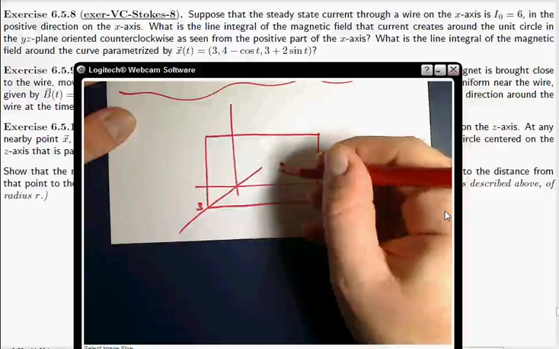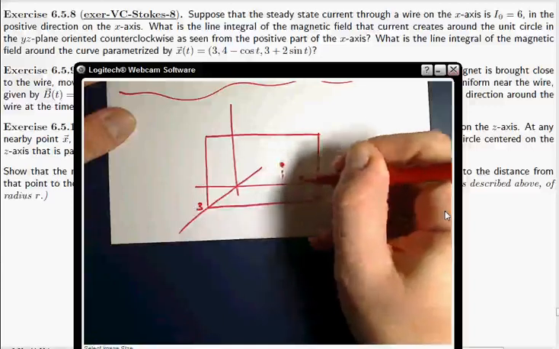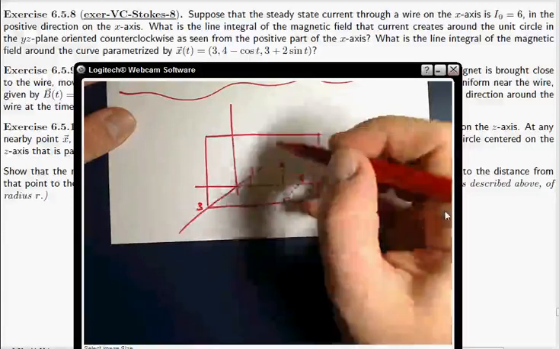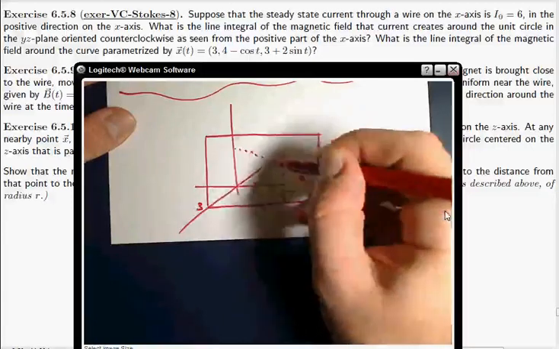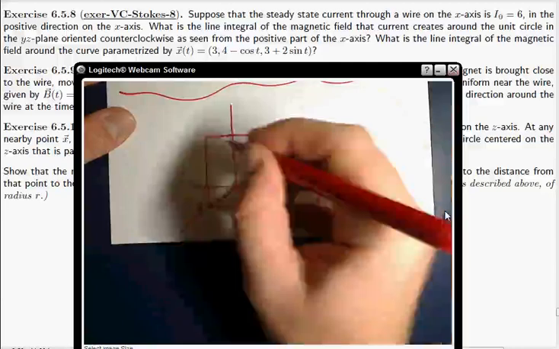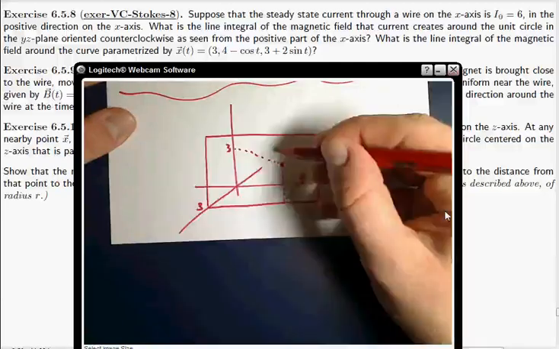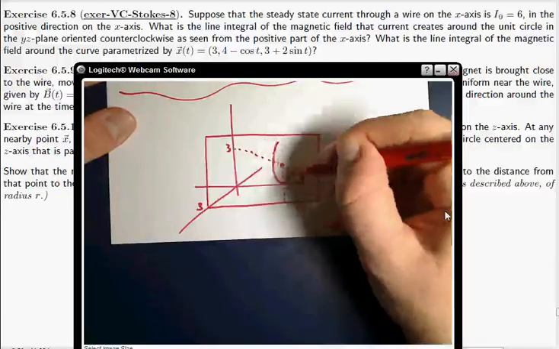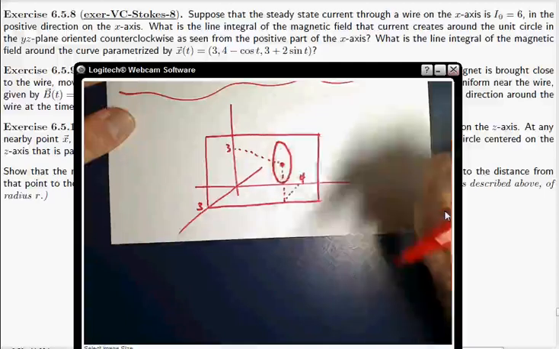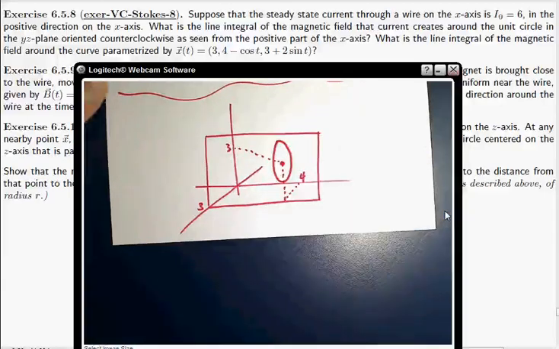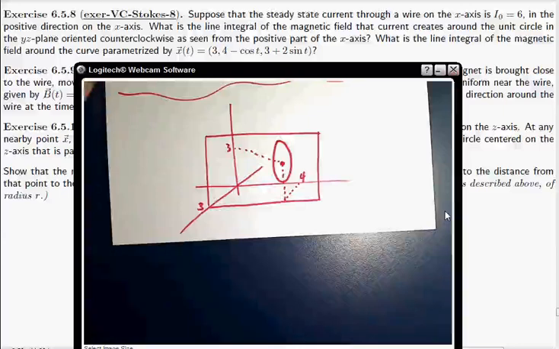And Z is plus or minus 2 from 3. I claim that we're doing an ellipse kind of like that. That's our curve. Everybody see that curve?